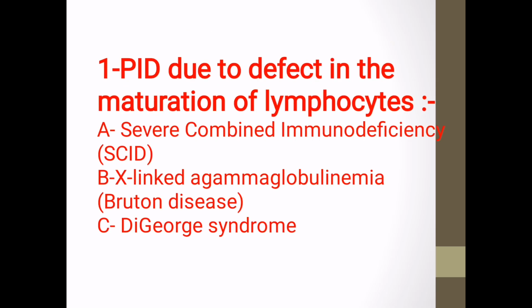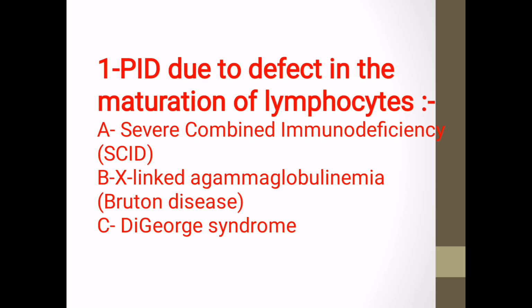Okay, first we start with primary immunodeficiency due to defect in the maturation of lymphocyte. So there is no mature lymphocyte, and these are 3 diseases. Either severe combined immunodeficiency, okay, and X-linked agammaglobulinemia, the Bruton disease, or DiGeorge syndrome.